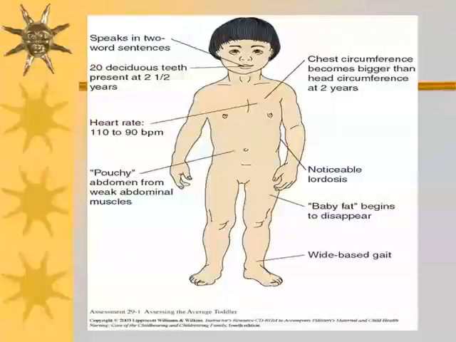Heart rate, you can see it's slowing down a little bit from what it was in infancy. That pouchy abdomen, kind of characteristic as far as a physical appearance goes with a toddler. And that lordosis as well, which will disappear as the child gets a little bit older. We do see some of that baby fat starting to disappear. They do have that wide-based or toddling gait.